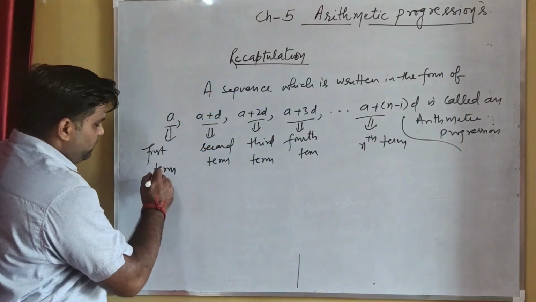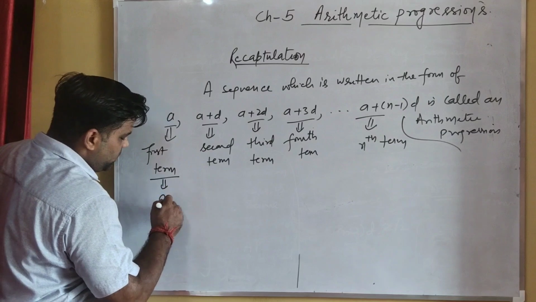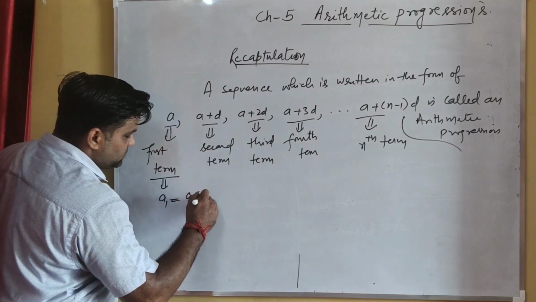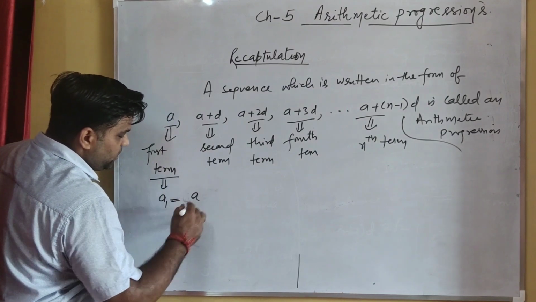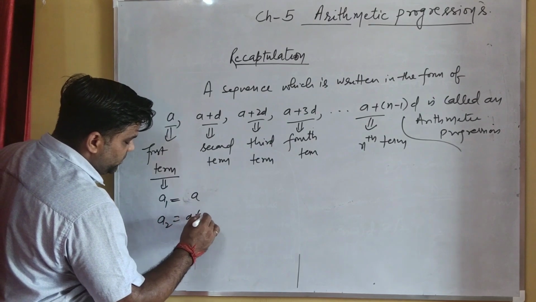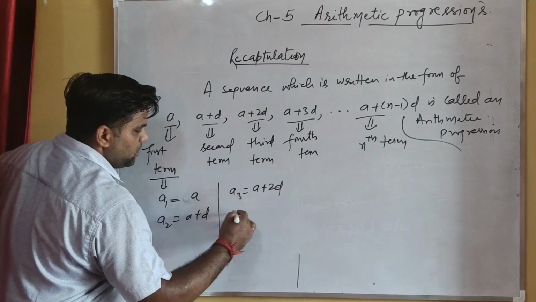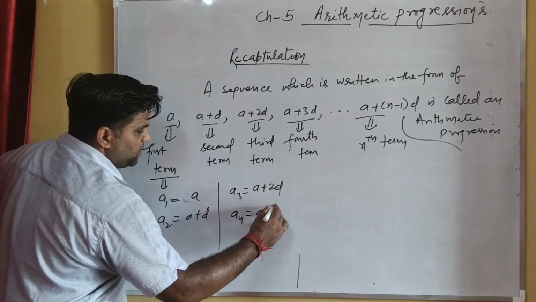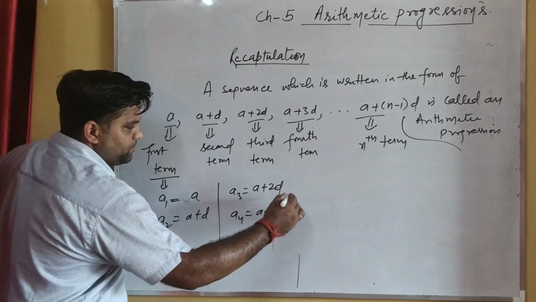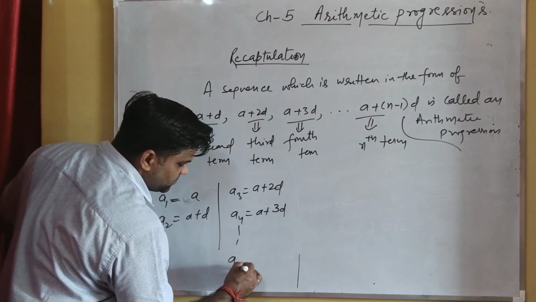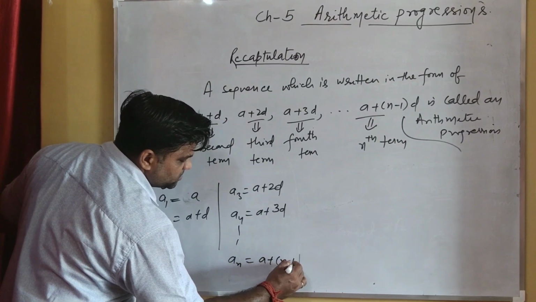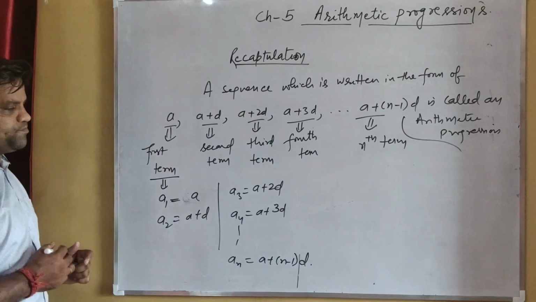So here, we denote the first term as a1, which is a. Here a2 is a plus d, a3 is a plus 2d, a4 is a plus 3d. Similarly, our nth term is given by a plus (n minus 1) into d.